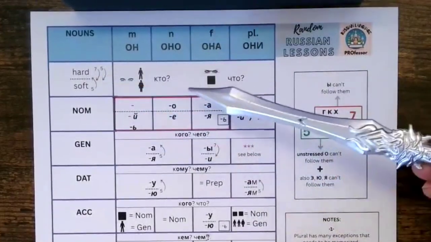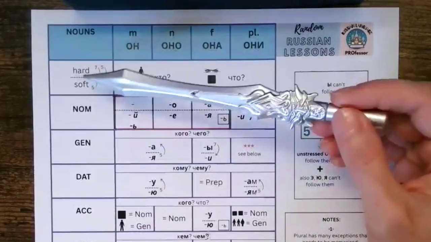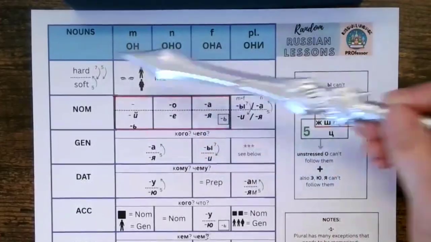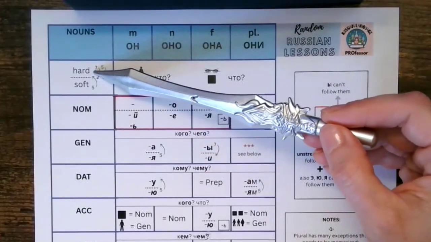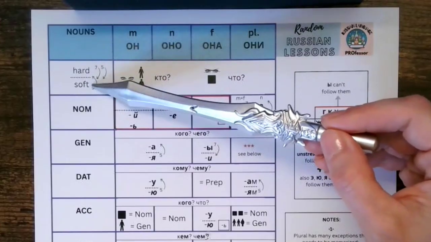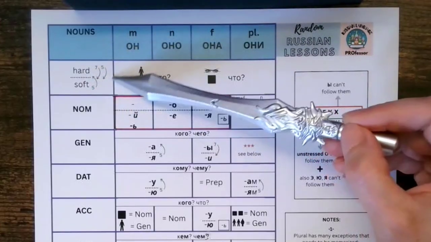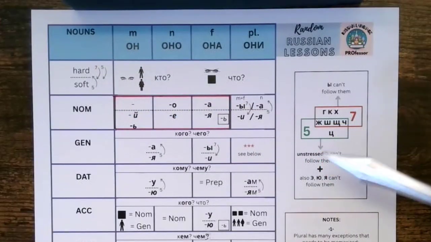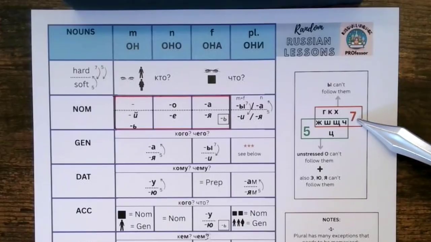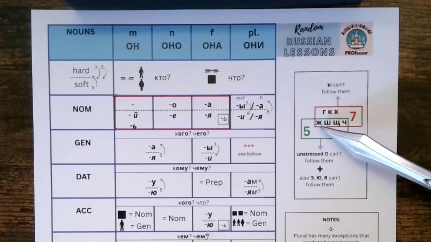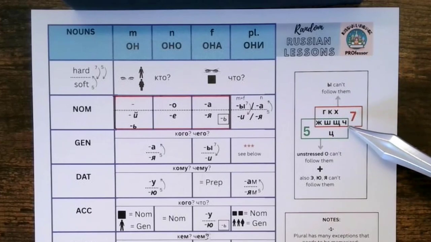Above it here, it's kind of like guiding information. Here I'm reminding you that above the dotted line, all endings are considered a hard set of endings, and below it, it's soft. So hard stays hard and soft stays soft unless it's affected by the 7 or 5 letter rules, and those rules are explained right here. The 7 letters that cannot have U follow them are G, K, Х, Ж, Ш, Щ, and Ч.